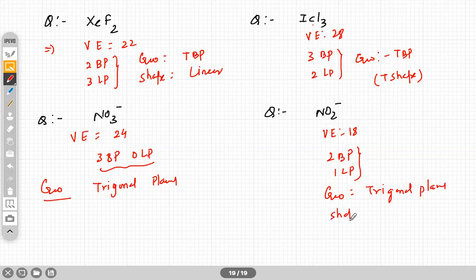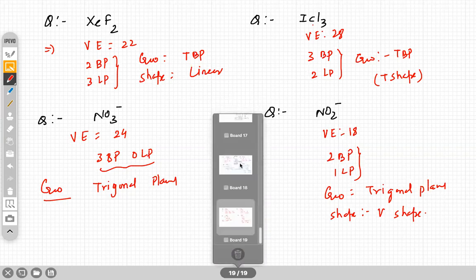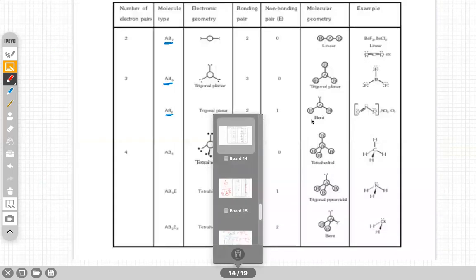Shape is V shape. Two and one, you see, bent or V shape.